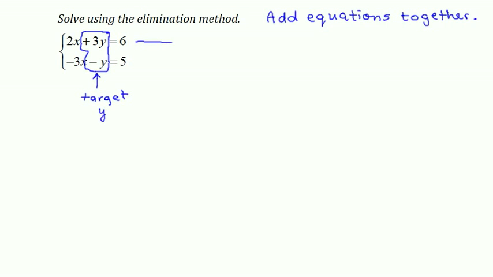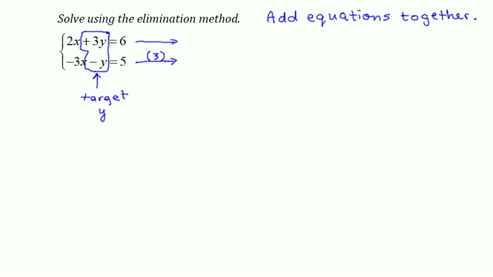And the way I'm going to achieve that is by leaving this top equation alone, but multiplying through the bottom equation by 3. And that means I'm multiplying both sides of the equation, because if we recall from our techniques of solving linear equations, as long as I multiply that number by both sides of the equation, I haven't changed it.